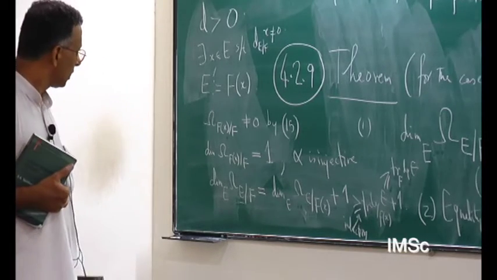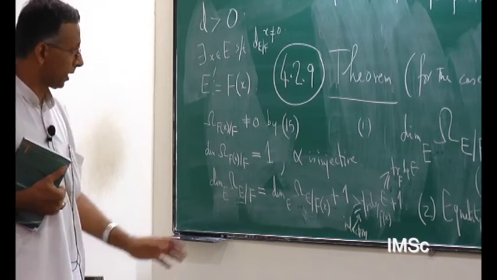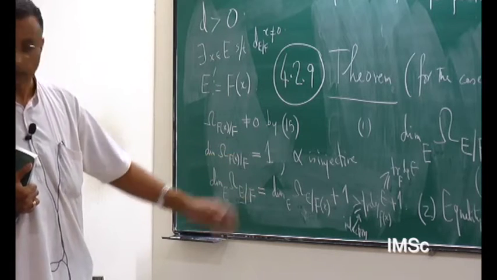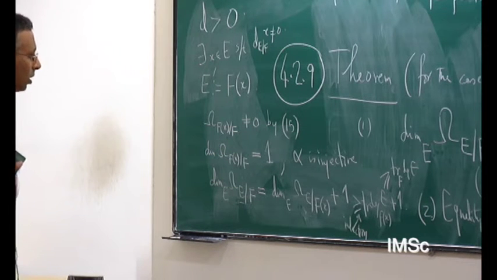Okay, are we done? Not quite. So the other way, right? If E is separably generated over F, I have to prove that equality holds. Okay, let's see.